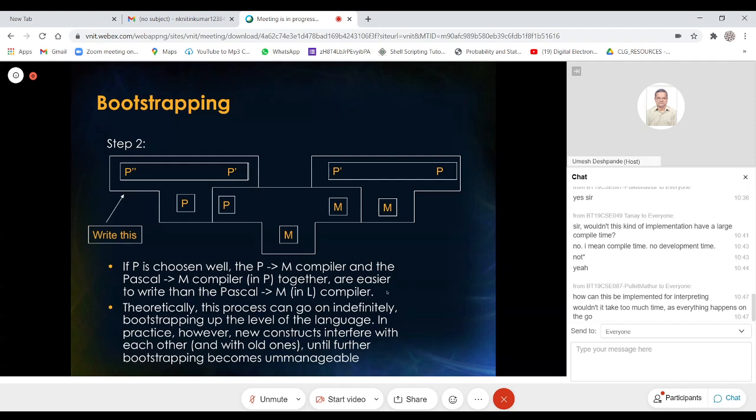Okay, and so typically for rapid prototyping, that is to demonstrate that something works, and if you want a lot of flexibility, we use these interpreted programming languages.